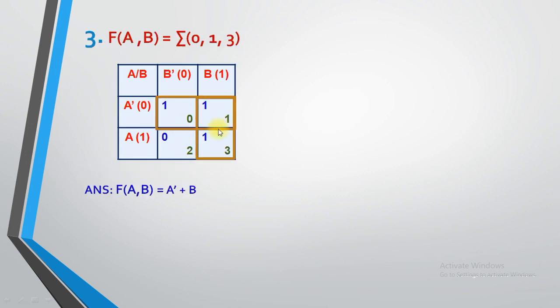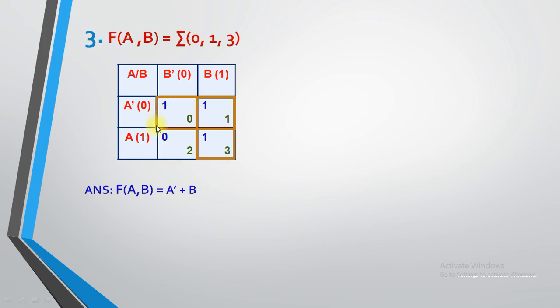The next sum is related with sigma 0, 1 and 3. So 0, 1 and 3, these 3 are the boxes which contain 1, and box number 2 contains 0 value.